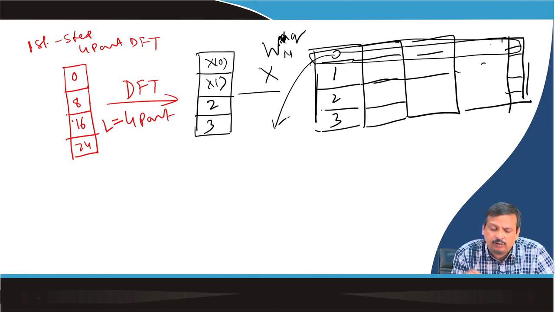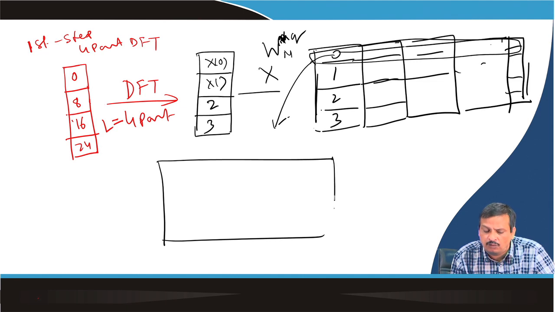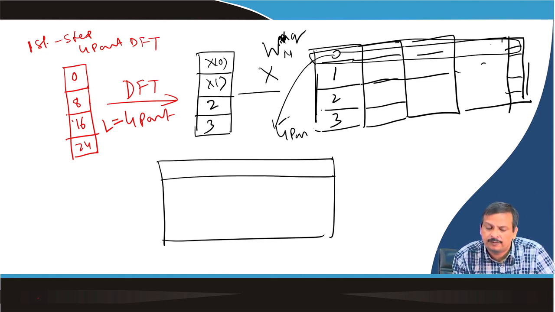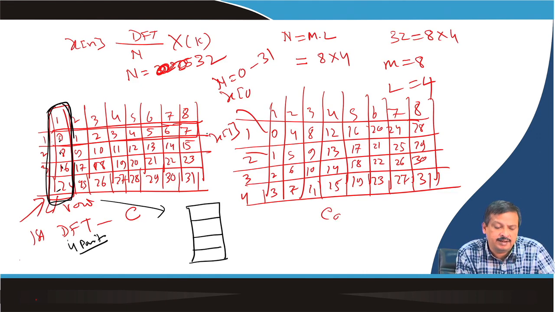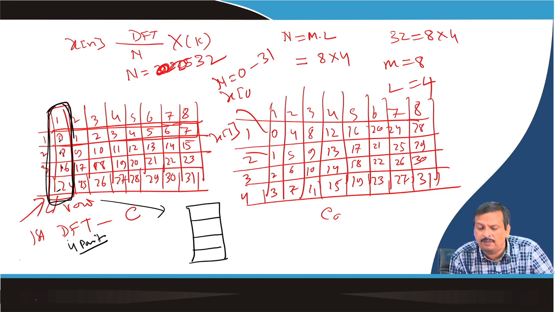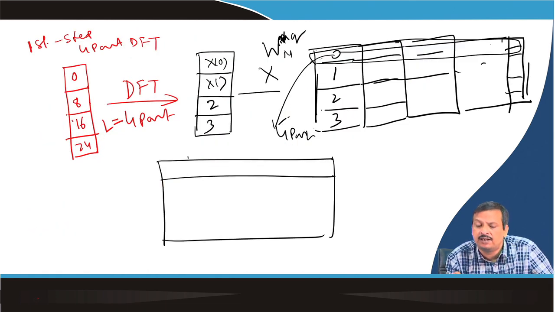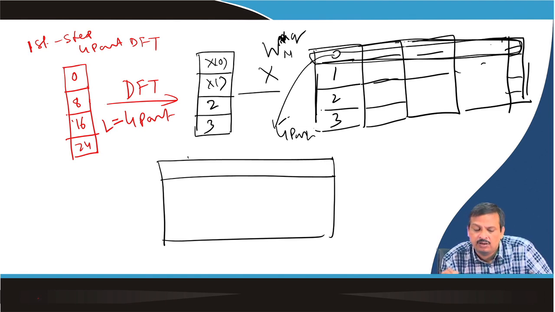When I compute it, what will I get? I will get the first row, 4 point DFT. So first, sorry, 8. How many columns are there? In each row there will be 8 cells: 1, 2, 3, 4, 5, 6, 7, 8. So when I compute the DFT row wise, I have to compute an 8 point DFT.